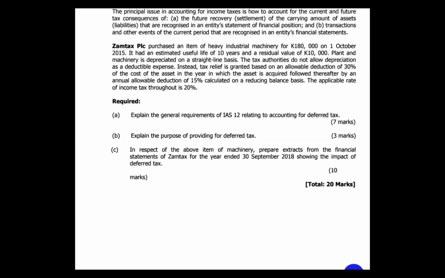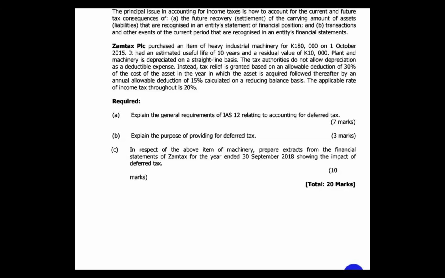The last thing we need to do is, in respect of the above item of machinery, prepare the extract from the financial statements of the company for the year ended 31st September 2018, showing the impact of deferred taxes.